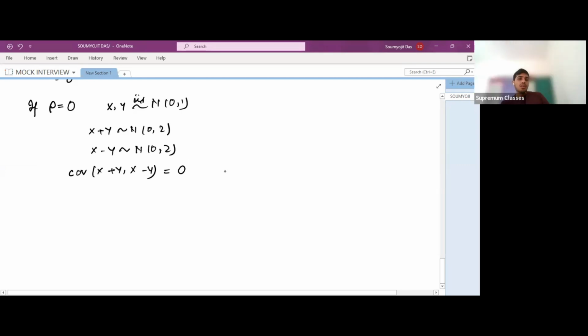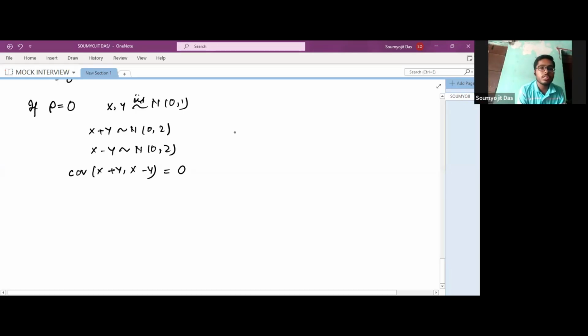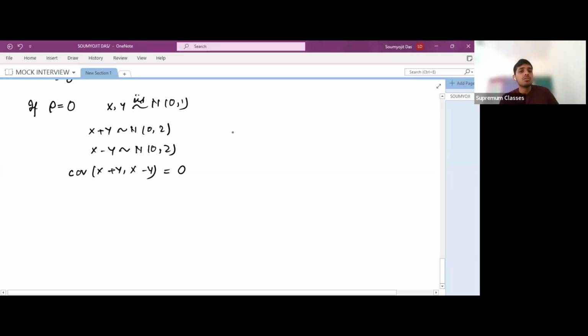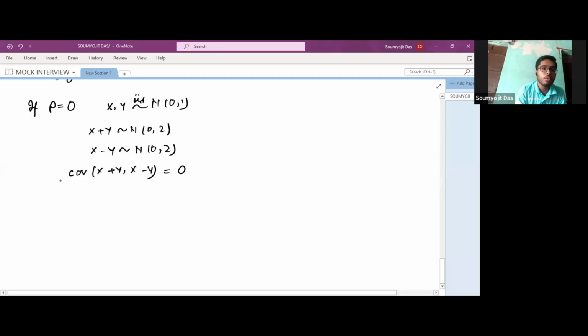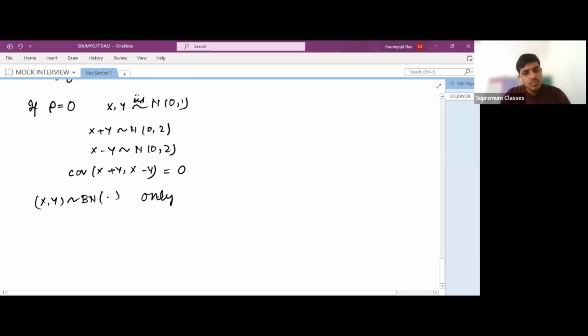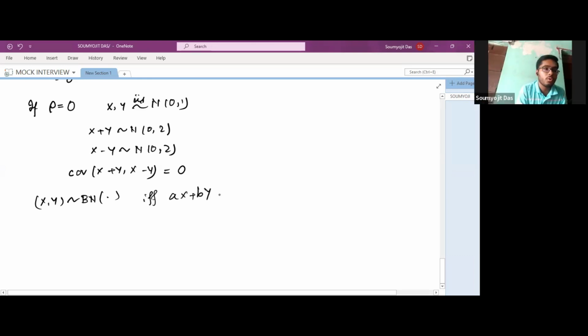So covariance equals 0, does that mean independence? In case of bivariate normal distribution, if covariance is 0, that will imply independence. Why is that so? Sir, because of the bivariate normal theorem: X and Y follow a bivariate normal distribution if and only if aX plus bY follows a normal distribution.